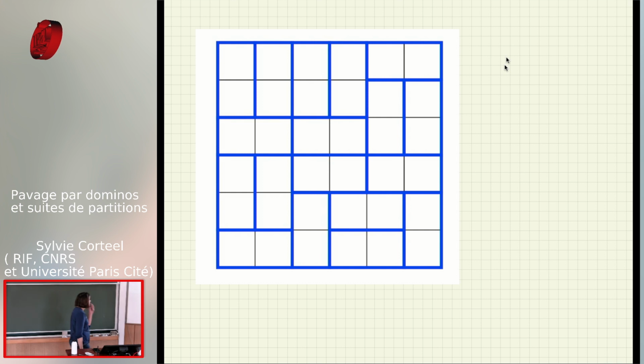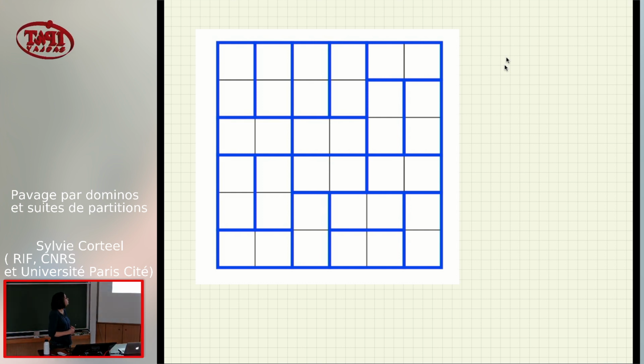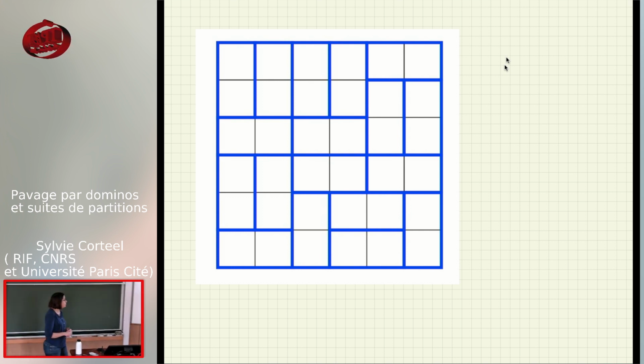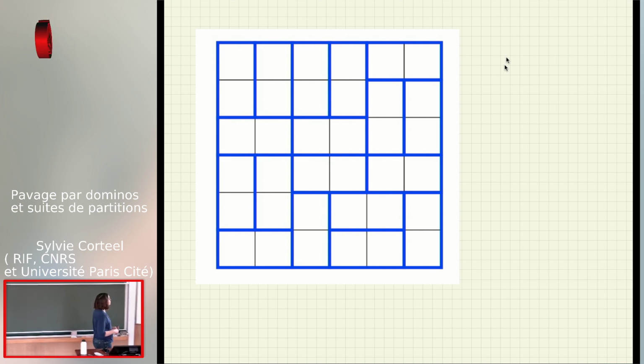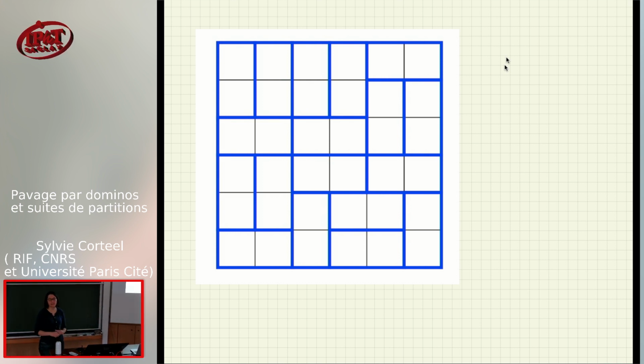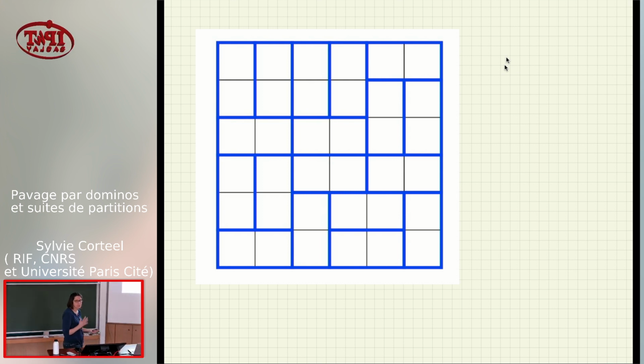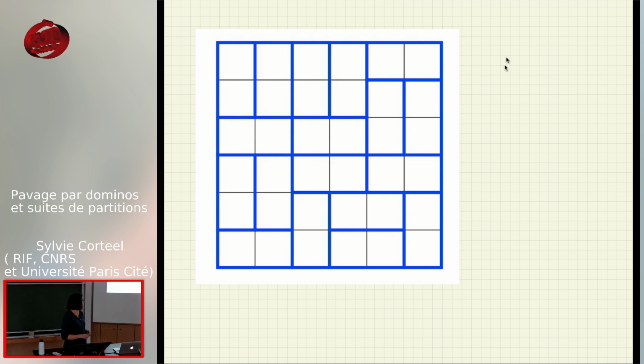As you can see here, I cover my whole domain by 2 by 1 or 1 by 2 rectangles, and that means my region is tileable. Of course, when you take something as simple as a square, you always know that if one of the sides is even, this region is always going to be tileable.